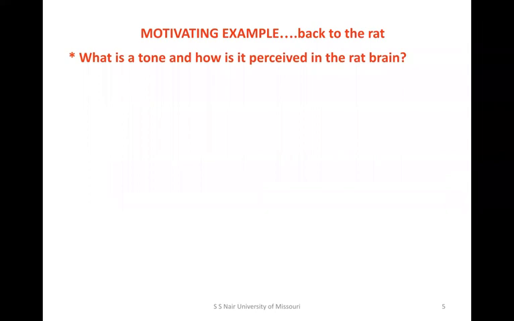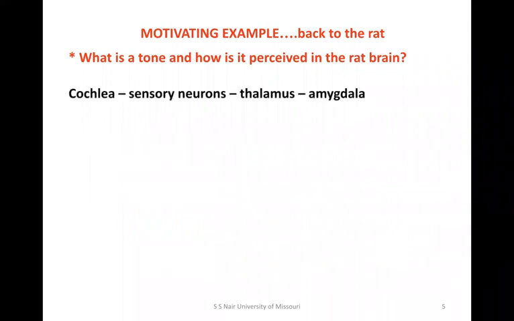So let's give you some more basics before you sketch that circuit. What is tone and how is it perceived in the rodent brain? If you consider your ear, you have a cochlea which has sensory neurons, and the pressure signal due to sound is picked up by sensory neurons in the cochlea.